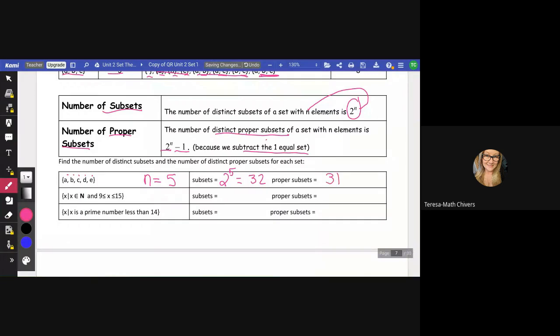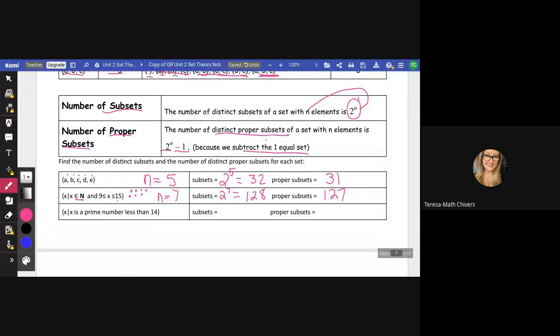Here we want all natural numbers between 9 and 15, including 9 and 15. So let's see. 9, 10, 11, 12, 13, 14, 15. Looks like our n is 7. So 2 to the 7 would be 128. So the proper subsets would be 2 to the n minus 1, 127.